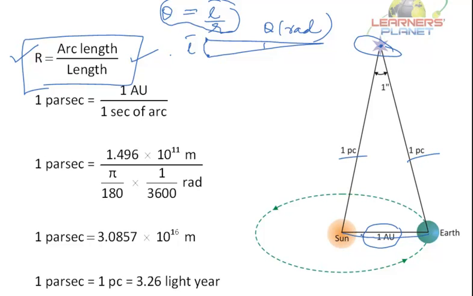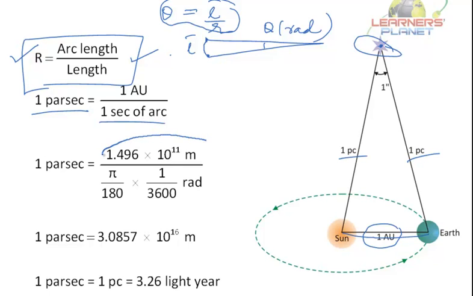That means the straight line distance between sun and Earth. Okay, so the radius, which is 1 parsec in this case, should be equal to 1 AU divided by the angle, which is 1 second of an arc, right? Now you have to convert 1 second of arc into radians.